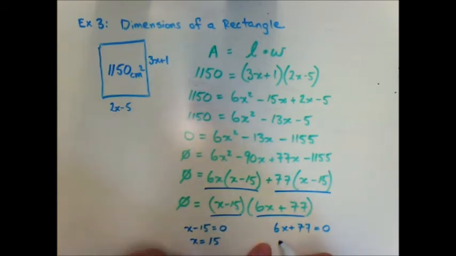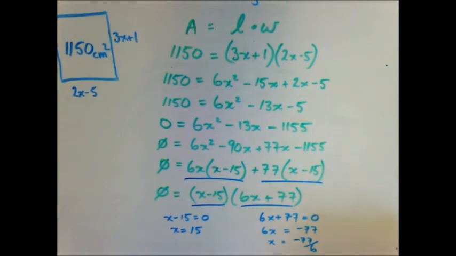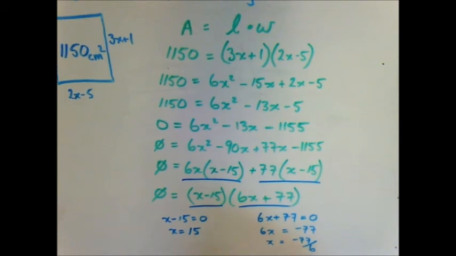Over here, we have to subtract 77 from both sides and then divide by 6. So the two roots of this equation are x equals 15 and x equals negative 77 over 6.